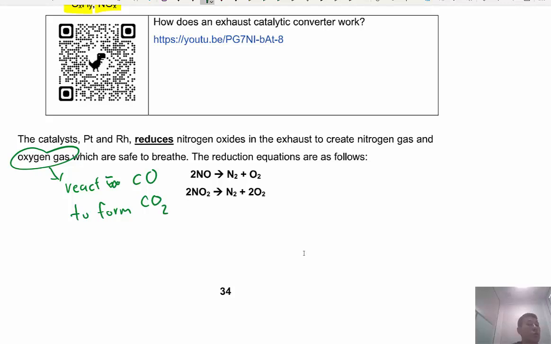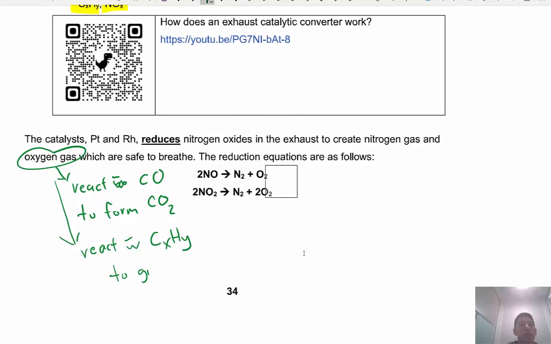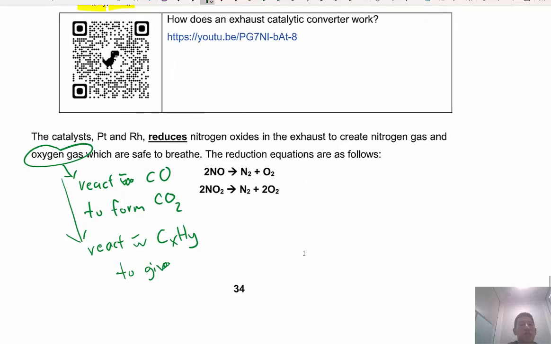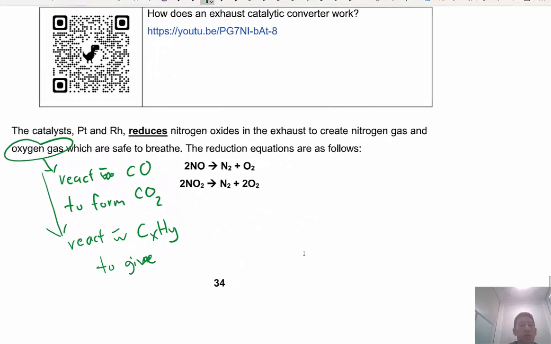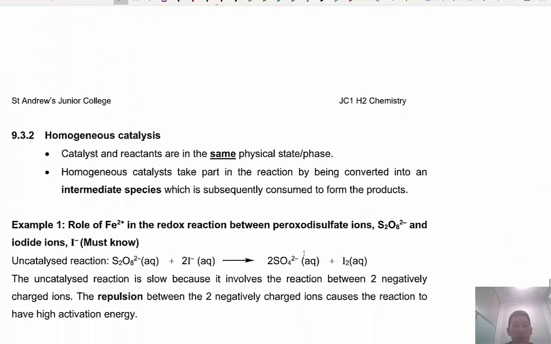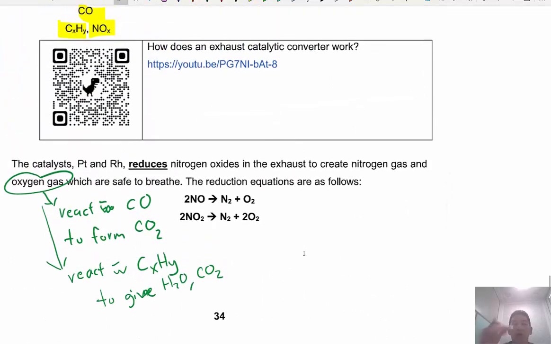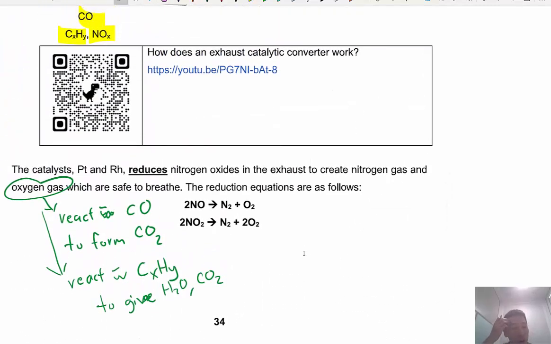Okay, because carbon monoxide is also toxic, and they also can react with the hydrocarbons to give water and carbon dioxide also. Okay, we'll end here for heterogeneous catalysis before we move on to the next part, which is to deal with homogeneous catalysis.